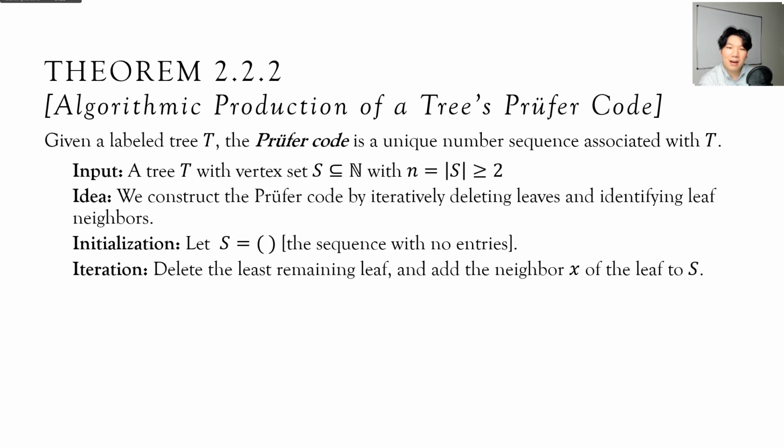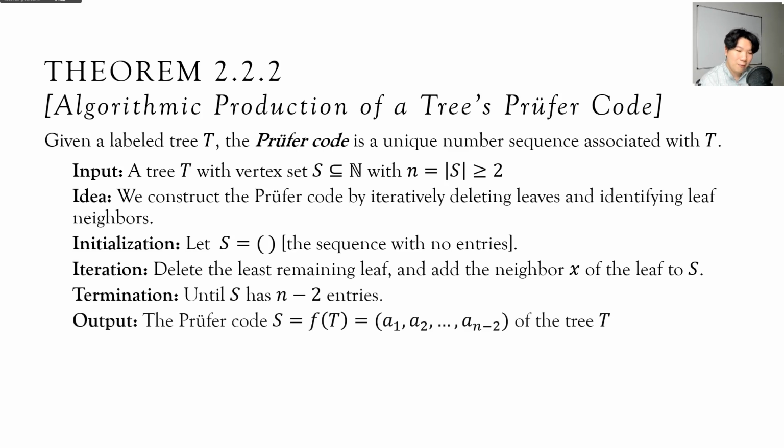The iteration of this algorithm states that we delete the least remaining leaf x and add the neighbor of the leaf to S. And then we continue this iteration until my sequence has n minus 2 entries. So in other words, if I have 6 vertices, then I want my Prüfer code to have 4 entries.